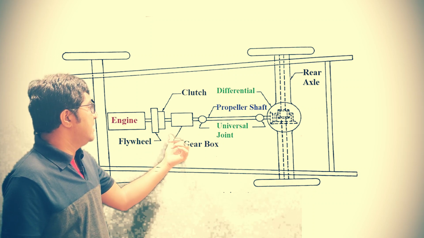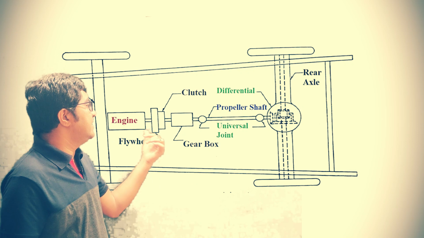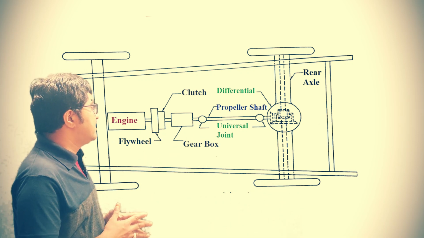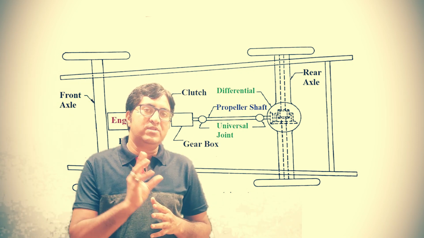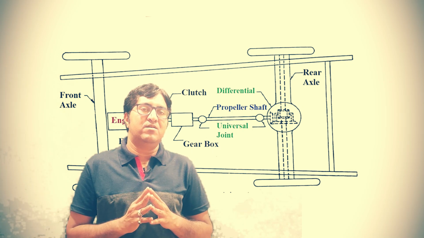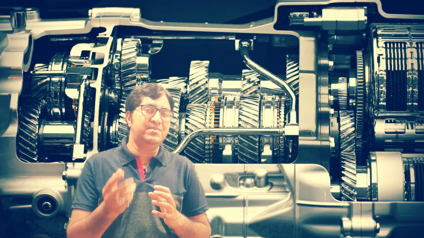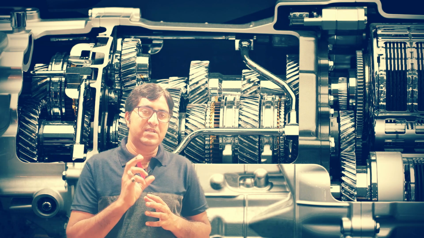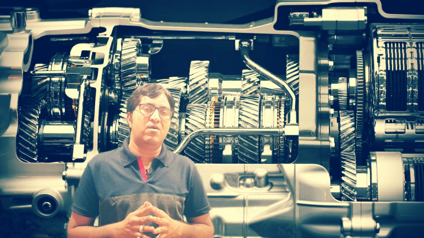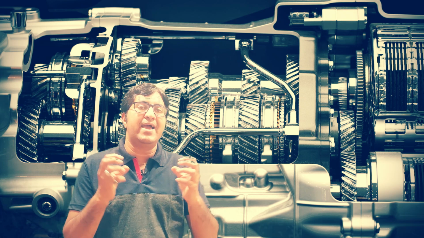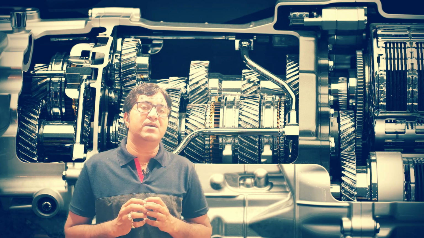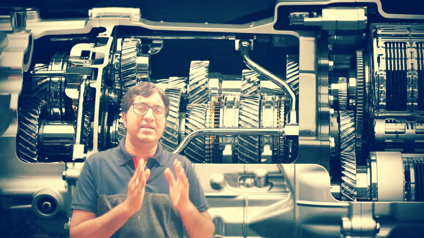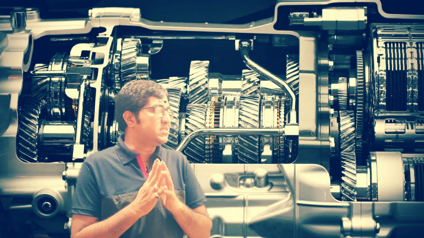This is needed for the smooth engagement and disengagement of the gears. Whenever we shift the gear, operating the clutch reduces the jerk between the two gears, so it is smoothly engaged. This is the need of the clutch, to engage and disengage the driving shaft from the driven shaft.